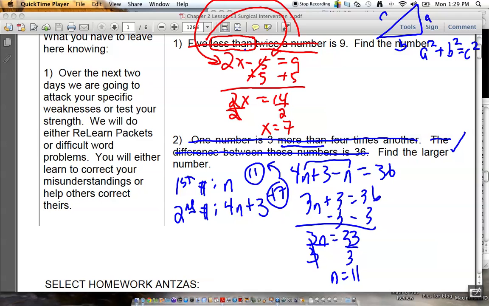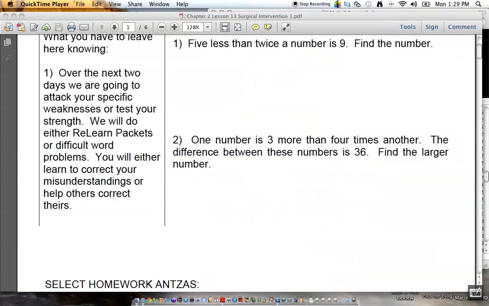Okay? So, word problems, word problems, word problems, the material that was on the old relearn packet, that's everything you need to know to do well on the upcoming test. So, if you notice, today says it's going to be a surgical intervention day. And what that means is this. Different people in this room need help with different things. So I'm going to try to break it up.